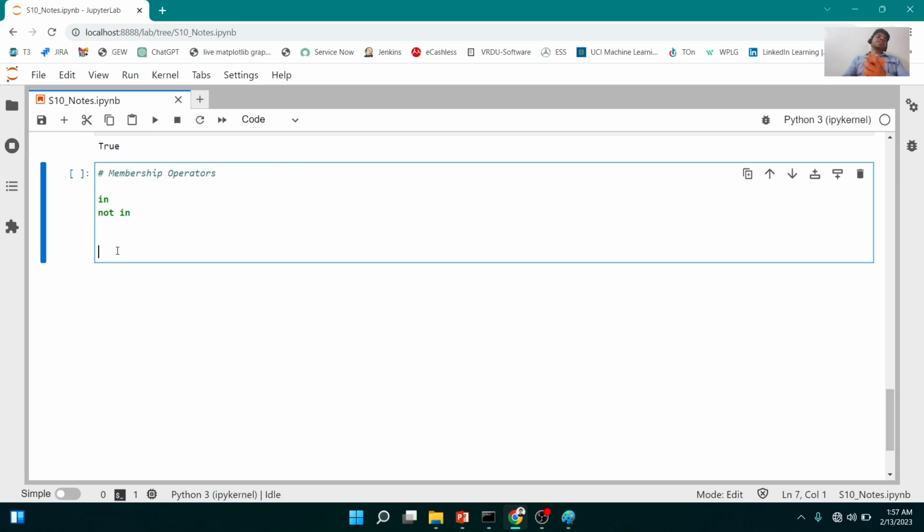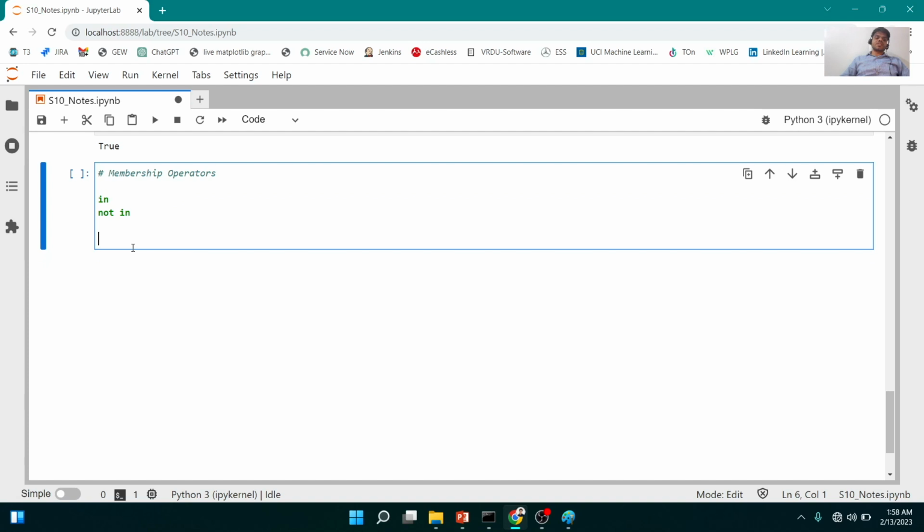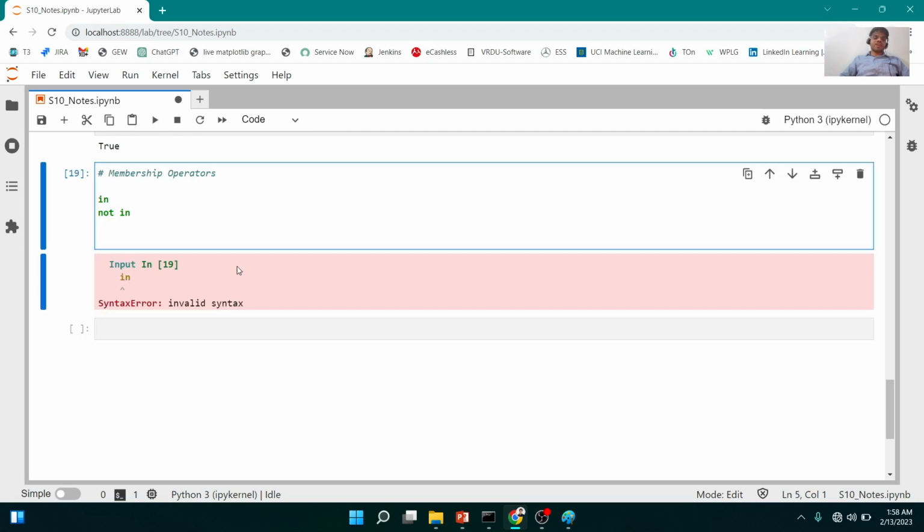At the moment, if you're finding it difficult to remember, don't worry. Going forward, all this will become a part of your day-to-day coding, and it will be ingrained in your muscle memory. So let's try to understand what a membership operator is. In membership operators, these keywords help you establish a condition where you're checking whether a part of data is a part of larger data.